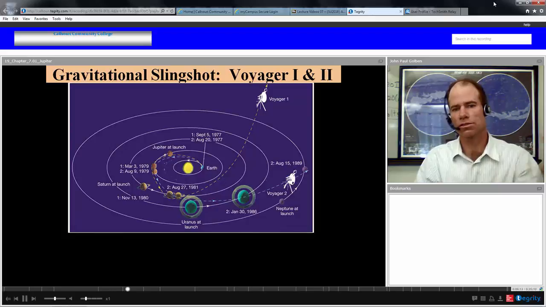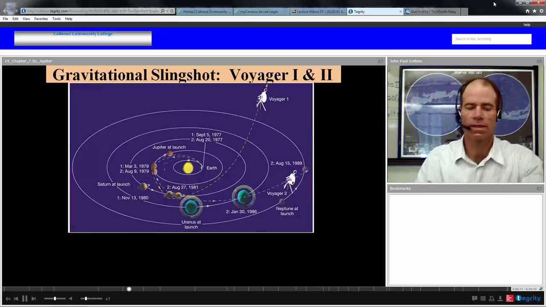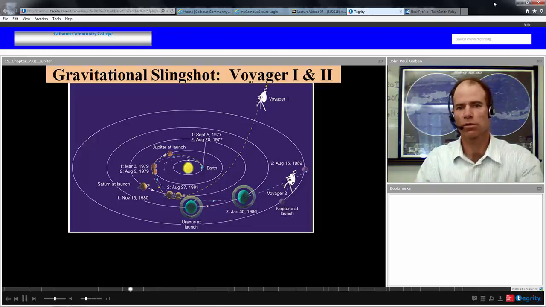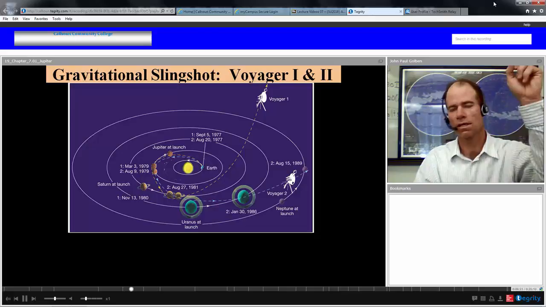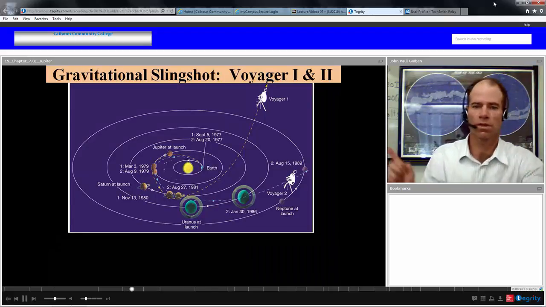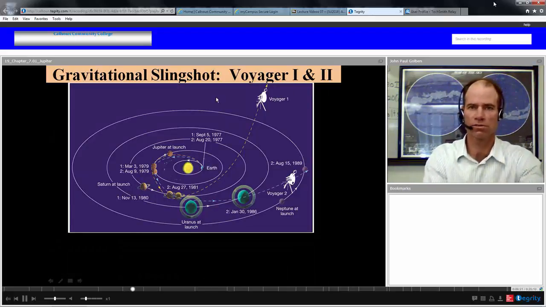The Voyagers went past Jupiter, slingshot past them on their way to Saturn, and then slingshot past Saturn. Voyager 1 going perpendicular to the solar system, Voyager 2 continuing on to see the other two Jovian planets, Uranus and Neptune.